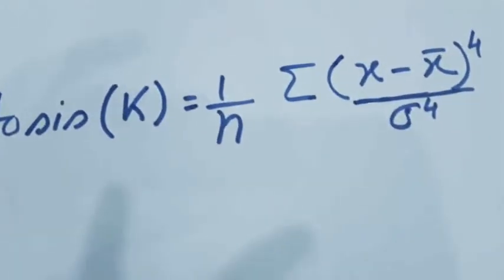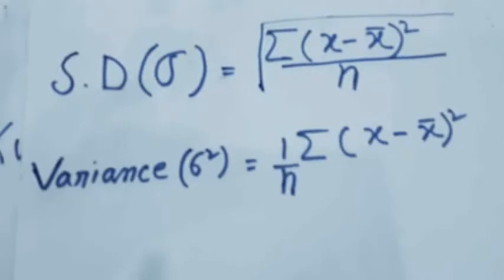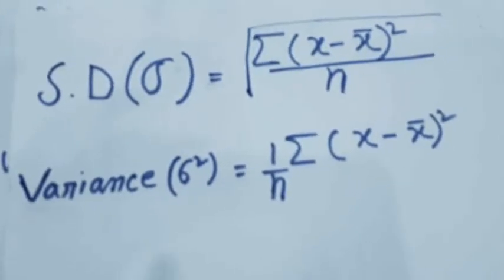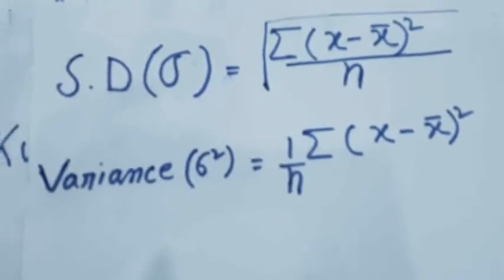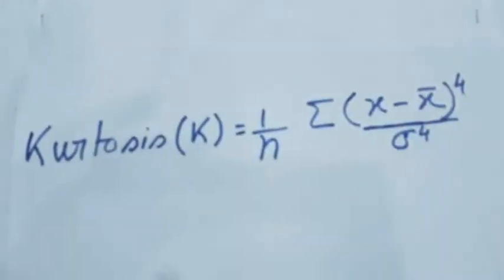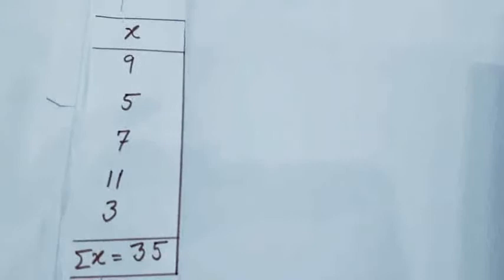And how is the sigma obtained? Sigma is obtained by this formula. Sigma equals root over summation (x minus x bar) whole square divided by n. Okay. Now we will see how the kurtosis is calculated.